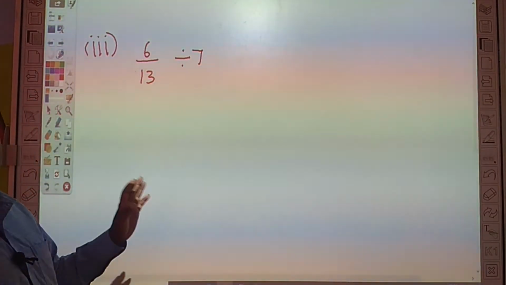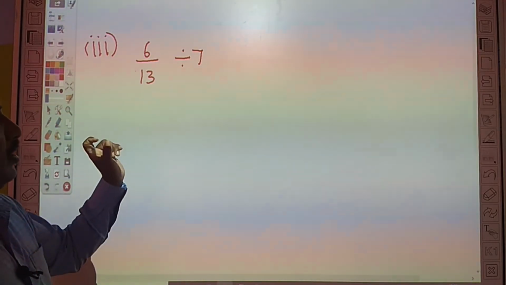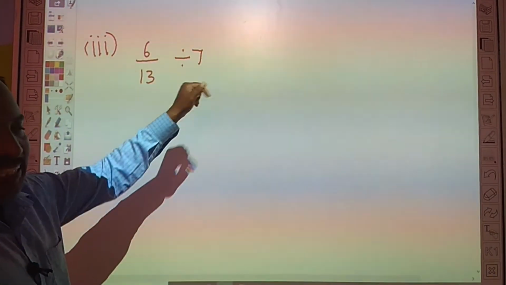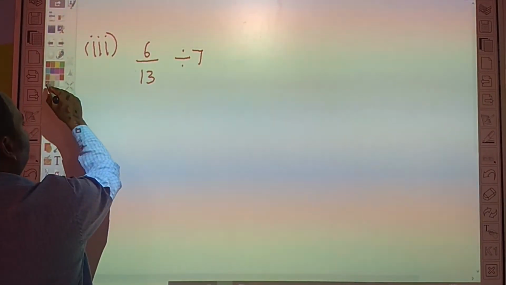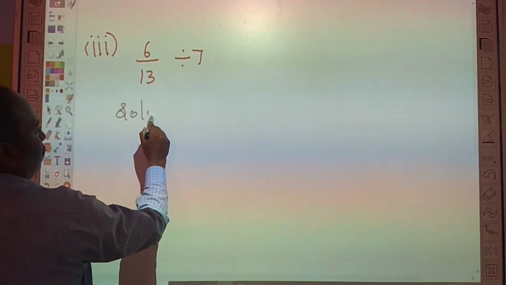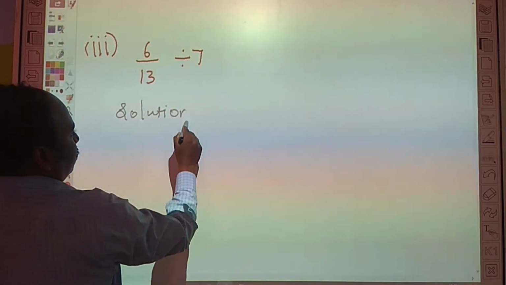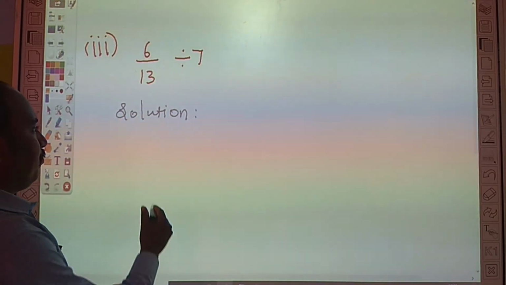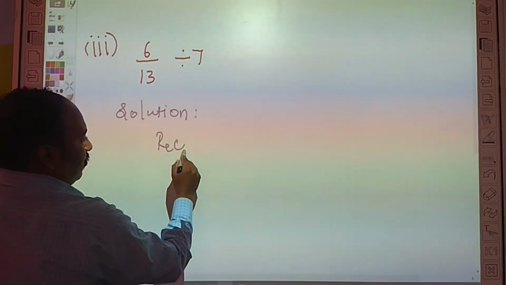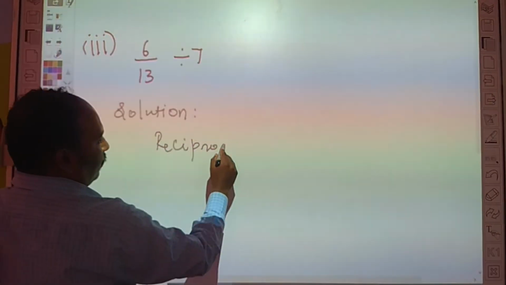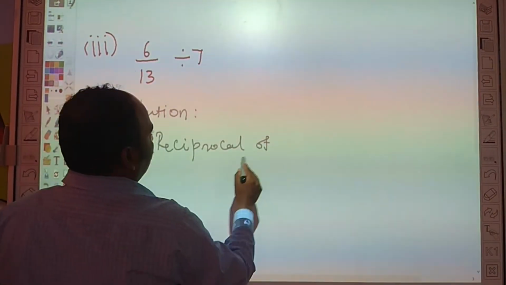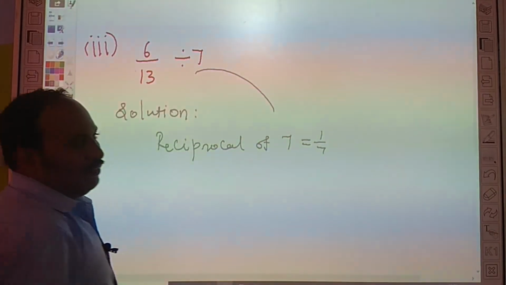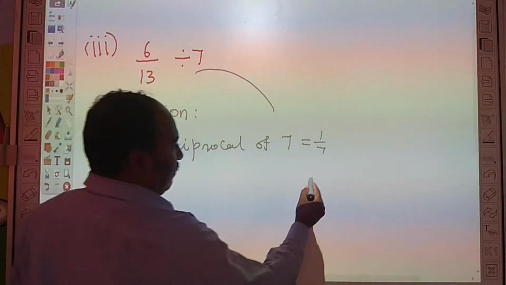6 divided by 13, then divide 7. First we take the reciprocal of the number 7. Reciprocal of 7 is equal to just 1 by 7.